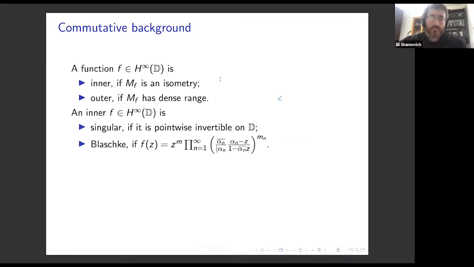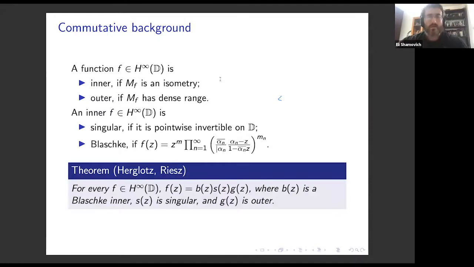An inner function comes in two flavors, though mostly it is a product of the two, but there are special cases. It's singular if it's pointwise invertible on the disk, and Blaschke if it has this kind of weird form, but basically it means it has zeros.